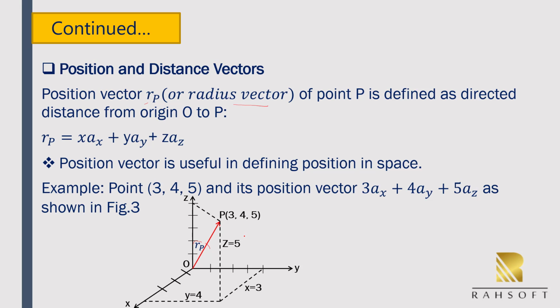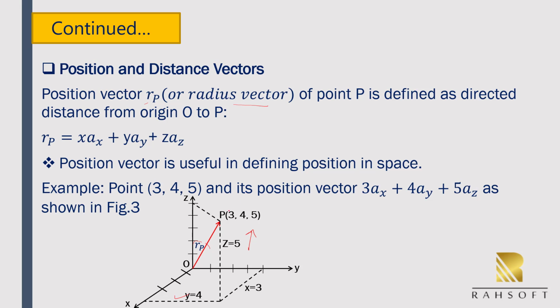That means we have 3 in the direction of x, so x equals 3, and 4 in the direction of y, so y equals 4, and 5 is z, so z equals 5. So its position is here, and its position vector is shown from the origin to this point.